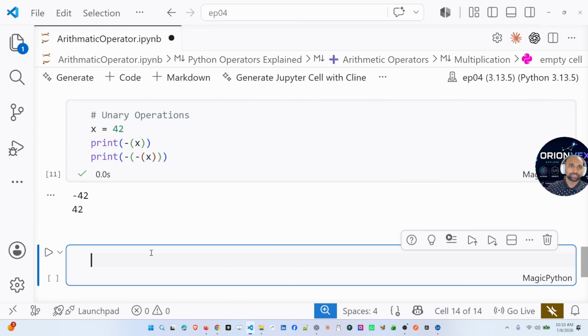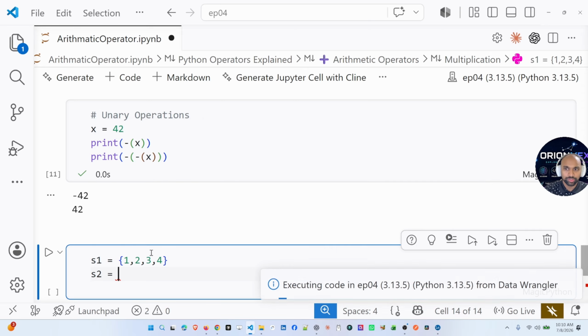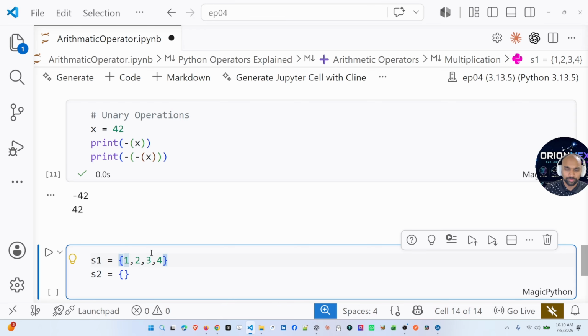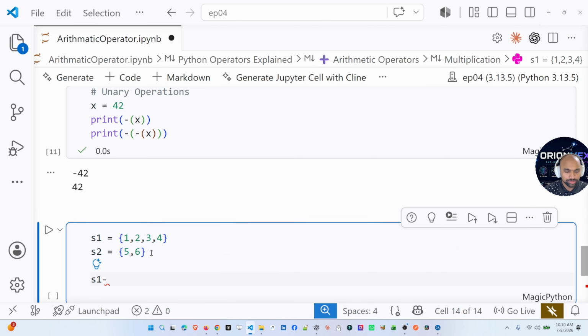Another one is the subtraction in set operation. Suppose I have set s1 = {1, 2, 3, 4} and set s2 = {5, 6}.